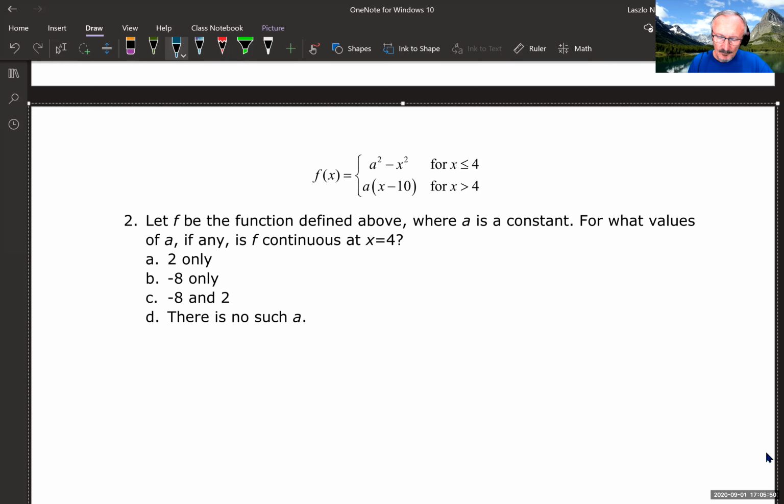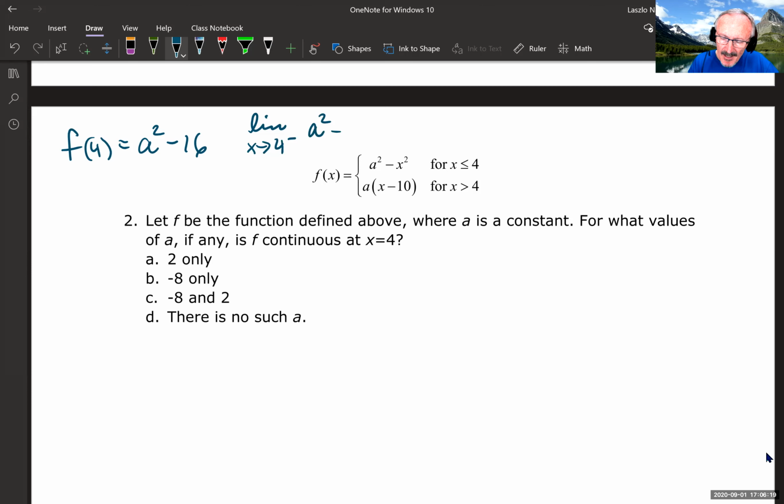So for continuity, we know, of course, that f of 4, which in this case is going to be a squared minus 16, okay, would have to equal the limit of f of x. So the limit, let's see, as x approaches 4 from the left. So we have a squared minus x squared, and that gives you a squared minus 16.